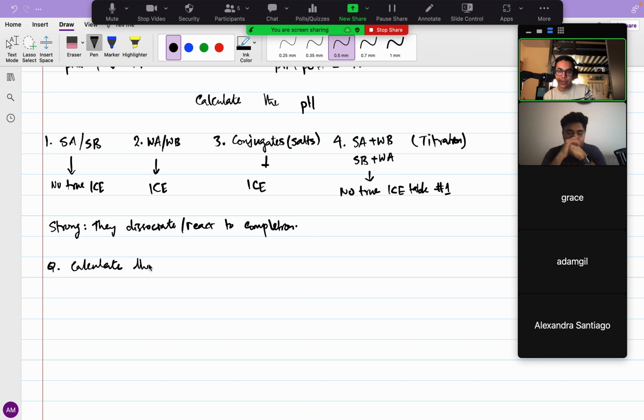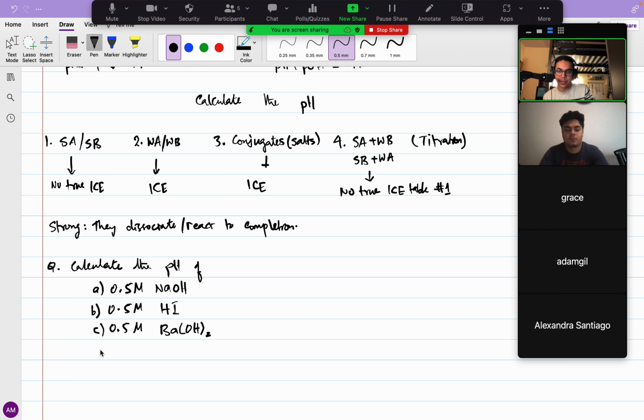the pH of, say, A, 0.5 molar NaOH, B, 0.5 molar HI, and C, 0.5 molar BaOH2, and D, 0.5 molar H2SO4.